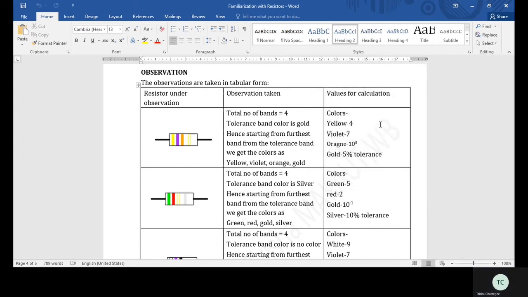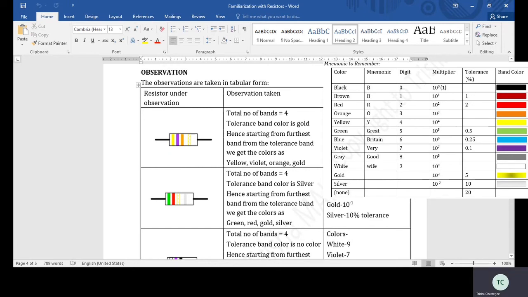So how are we calculating from the mnemonic? The mnemonic starts from black, right? BB Roy, Great Britain, very good wife.